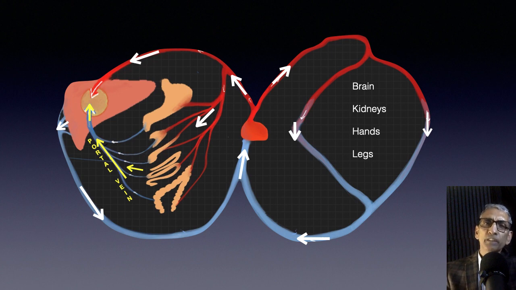In this way, the liver is receiving plenty of blood supply, and the liver can expand and shrink like a sponge, and it can compensate for any fluctuation in the blood. It's acting like a pool of blood.